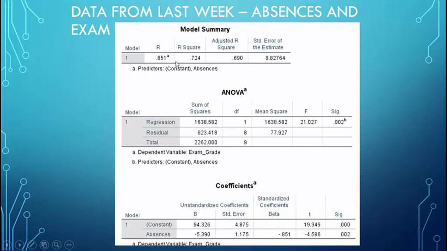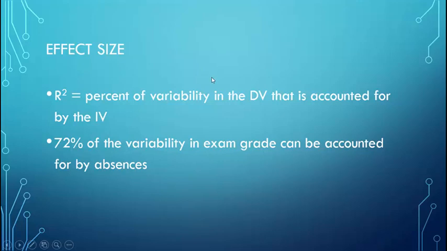So you can come over here to R squared, and it's 0.72 or 72%, 72.4% of the variability in exam grade, that's our dependent variable, can be accounted for by absences. Absences is our independent variable.